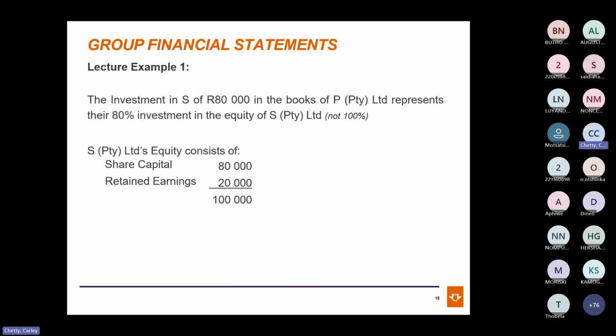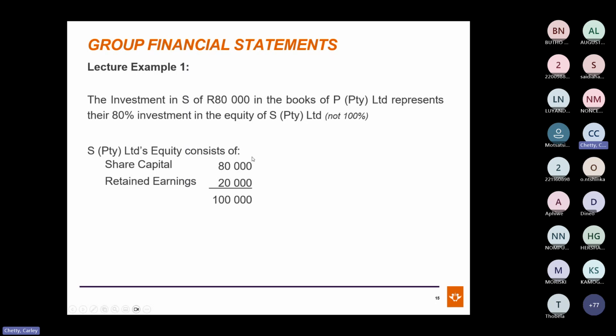They only bought 64,000 shares, and that represents 80% of the ownership in S. So remember that P paid 80,000 Rand for this 80% ownership, not 100%. So that 80,000 that they paid represents 80% of the investment, not 100%.